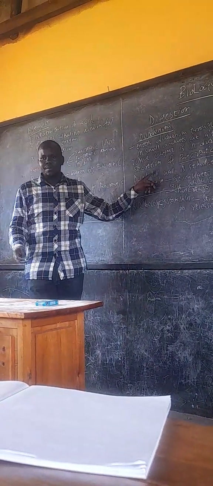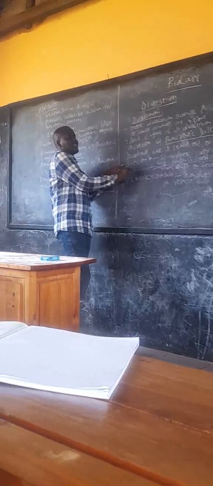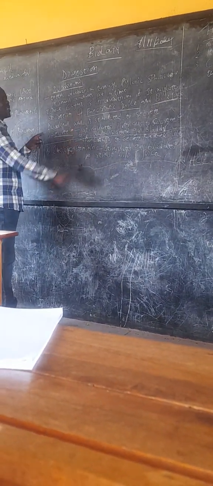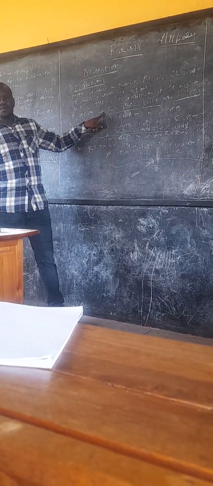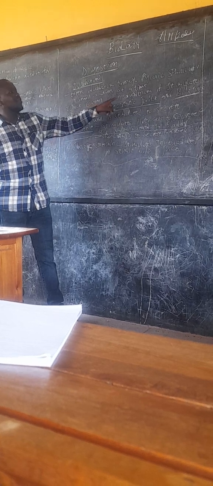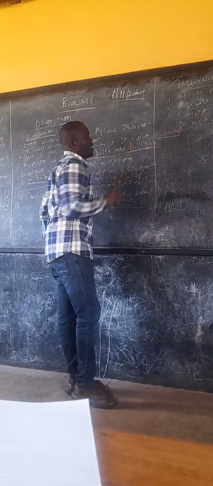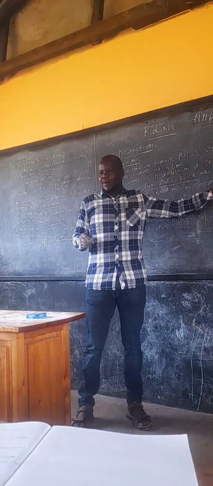So let's go back to this one. We secrete two things: pancreatic juice and bile juice. The duodenal wall again stimulates secretion of secretin, which stimulates the pancreas to secrete the pancreatic juice and bile juice.